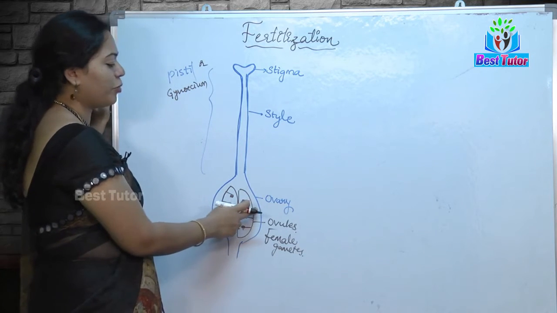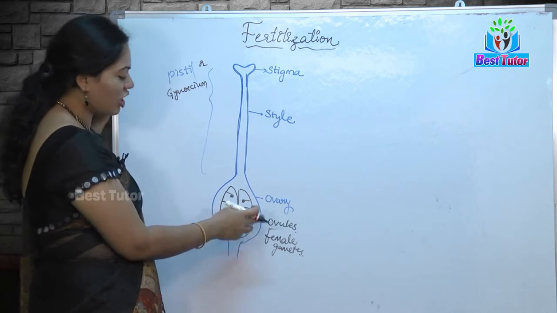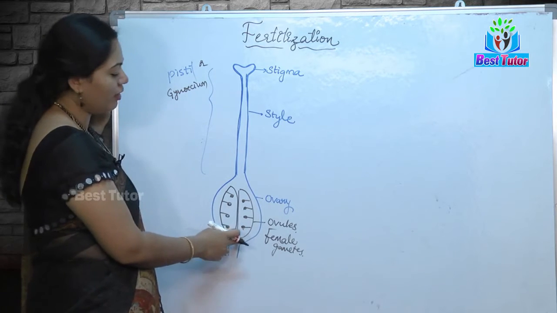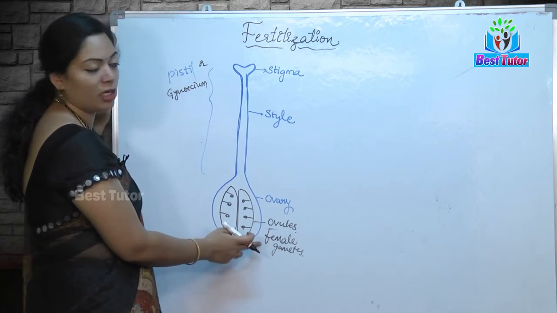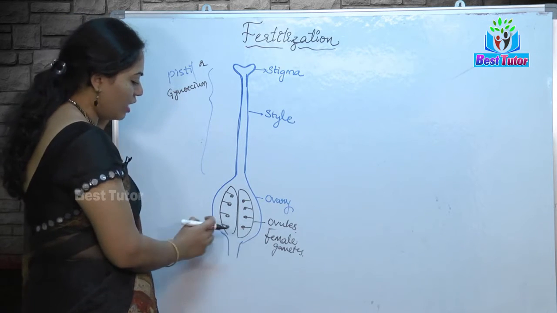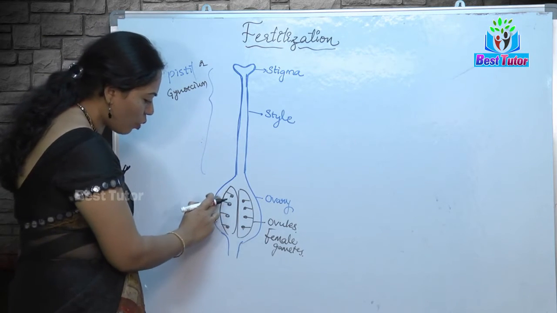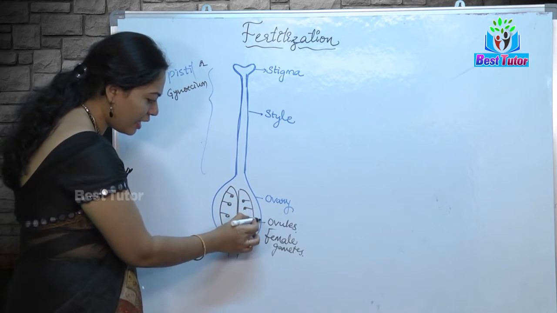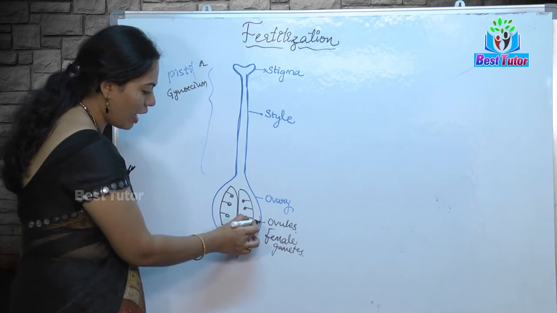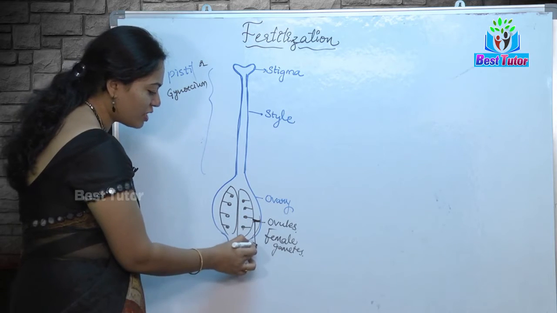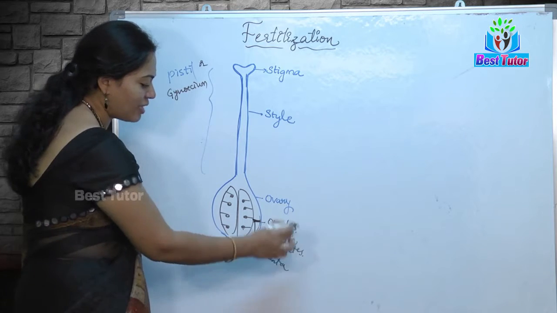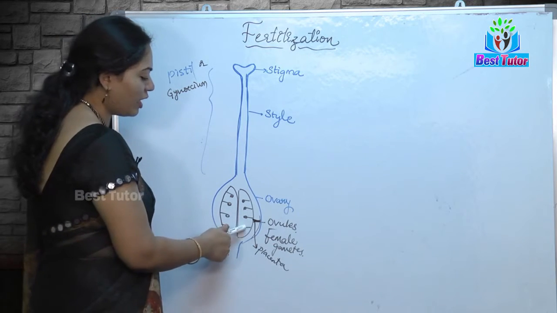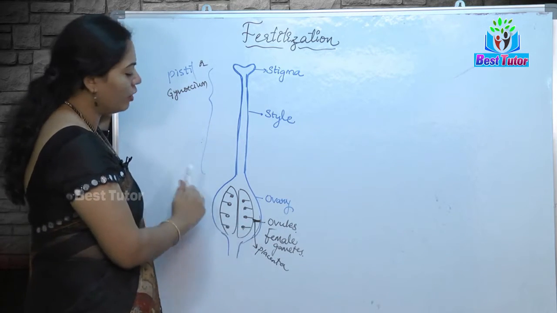So, the female reproductive part is the ovary, which contains the ovules inside, which are the female gametes. Now, these are the ones which have the female nuclei or the gametes. This ovary has a wall known as ovary wall, and this ovary wall is connected to the ovules with the help of a structure known as placenta. Placenta is the structure which connects the ovules to the ovary wall.